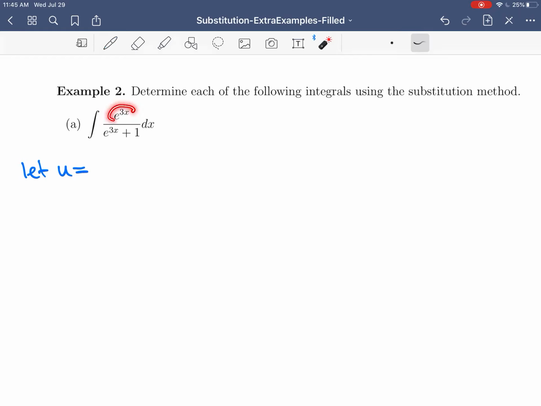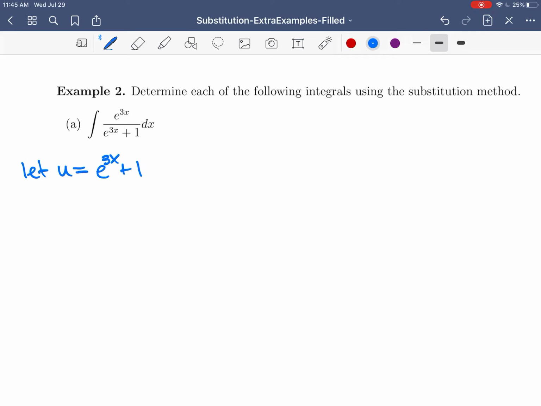If I picked e to the 3x or just 3x, I could have e to the u here and e to the u down here, but it's going to be difficult to do anything with this because it's in the denominator. So a good choice, if you have a fraction and no powers, is to just try to use the denominator.